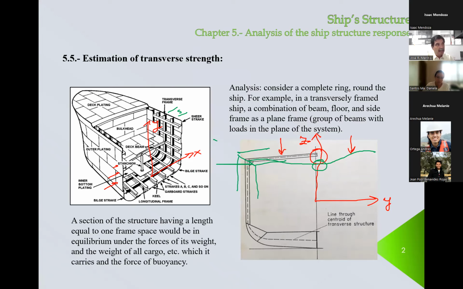So this plating has to be considered when you calculate the inertia. Okay, so I have the plating and the reinforcement. The transverse is shortened in this case. So probably it's an angle, so you have a little web and a little flange. So this combination has an inertia and a section modulus, and you go on.